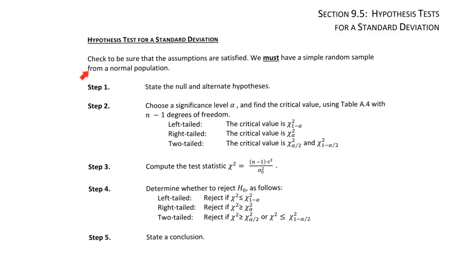This is the step-by-step procedure for a hypothesis test for a standard deviation. First, check the assumptions. We must have a simple random sample from a normal population. Second, state the null and alternate hypotheses. Choose the significance level and find the critical value using Table A4 and n-1 degrees of freedom.